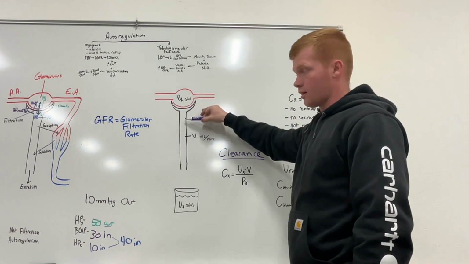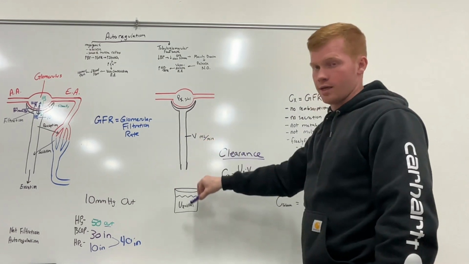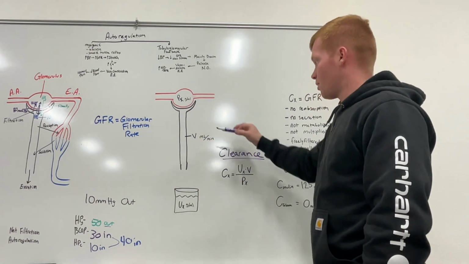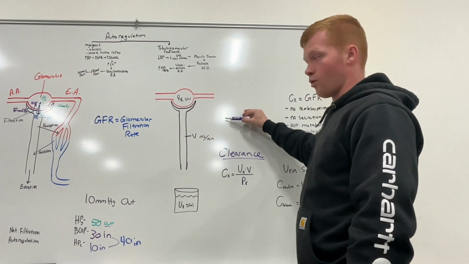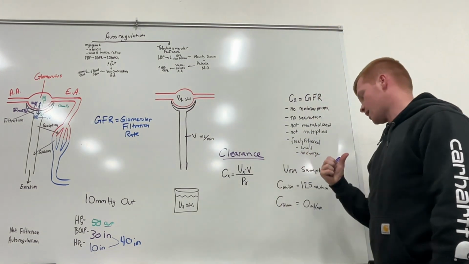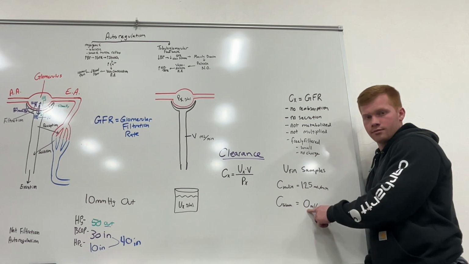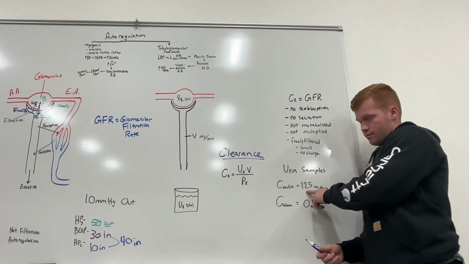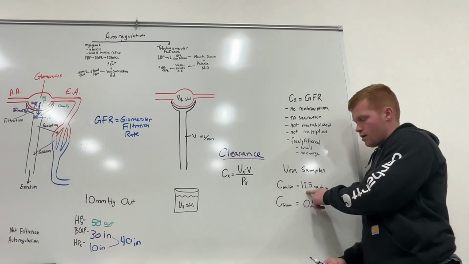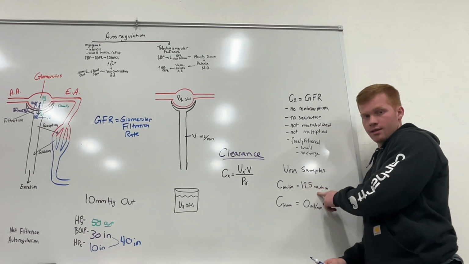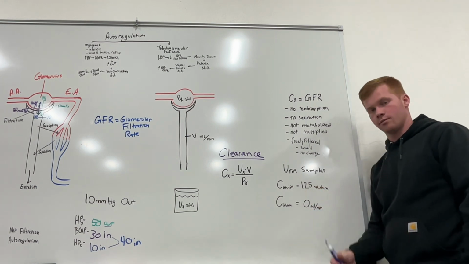If any of it got cleared from the blood, it would make its way down into the cup. But in this case, 100% is being reabsorbed, 100% is being pushed back into the blood, so none of it is going to be cleared from the blood. But in the inulin case, none of it got reabsorbed, so all of it made it into the cup. Means 125 of it got cleared from the blood because none of it went into the blood.